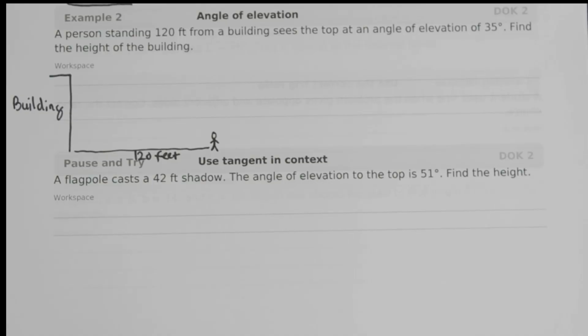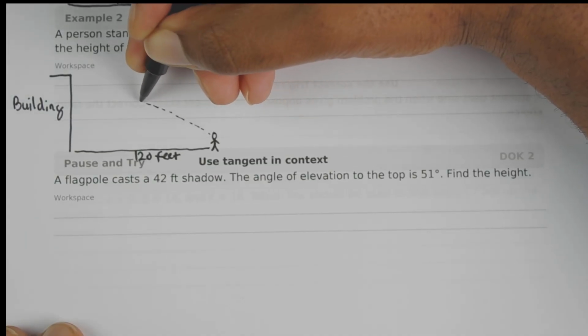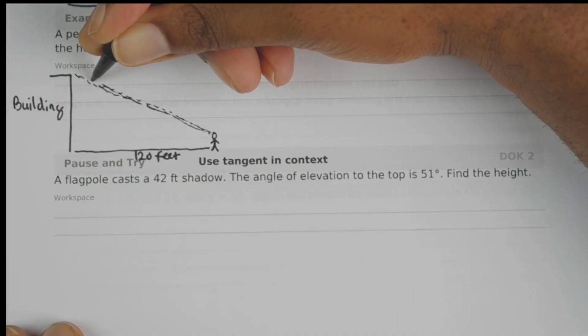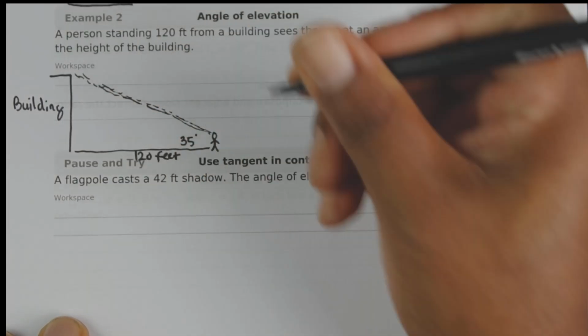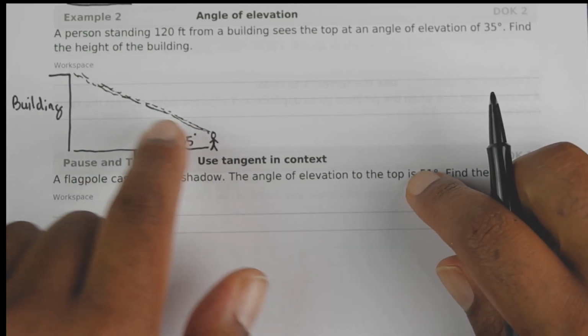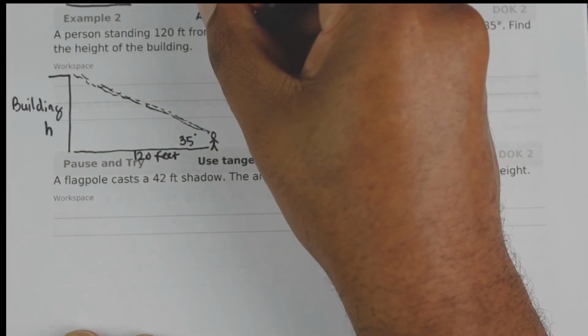It says the person sees the top at an angle of elevation of 35 degrees. Let's just say their vision cast from them is 35 degrees. Again, that is the adjacent side, and the building height is opposite the angle. So that is tan theta.